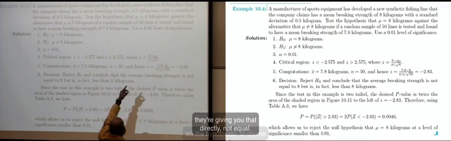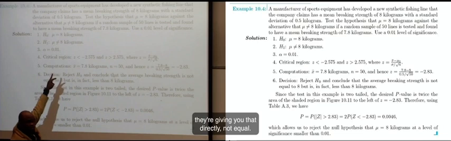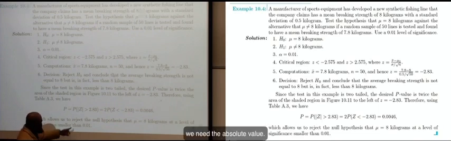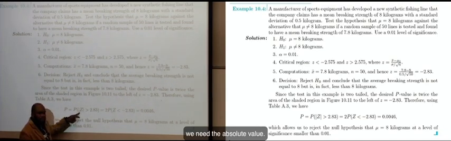Now, this is an example of a two-tail test. Okay, how do I know it's a two-tail? If you take a look at what I had, test the hypothesis. Of course, they're giving you that directly. Not equal. You're still going to do the same thing all the way. But if you want to find your p-value, we need the absolute value.